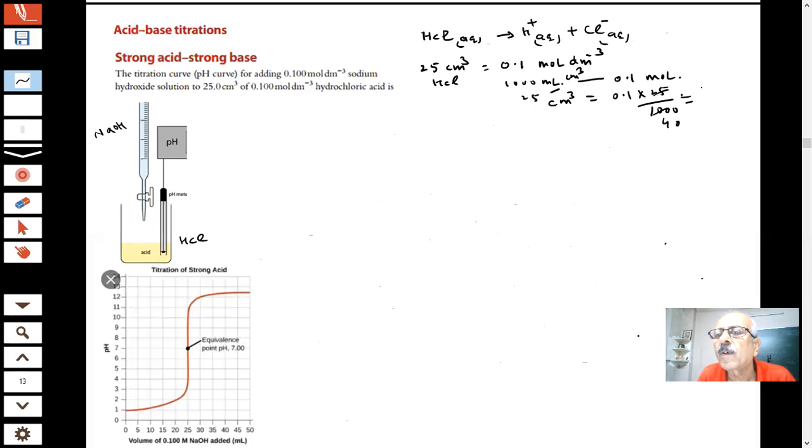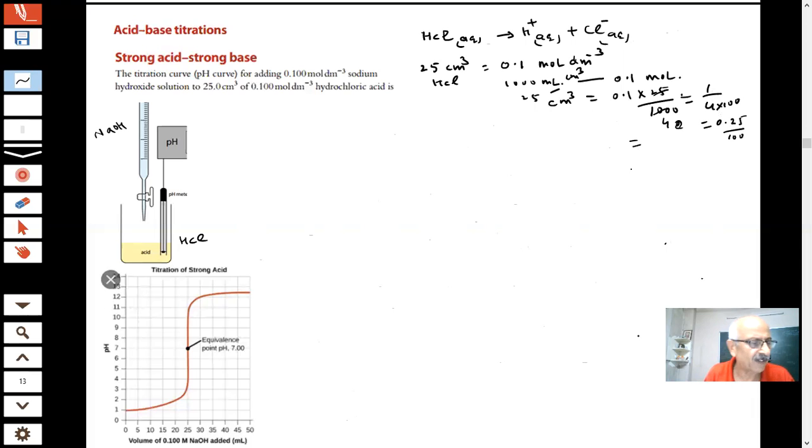This comes to be 1 by 4 into 100. 1 by 4 is 0.25, so 0.25 by 100.